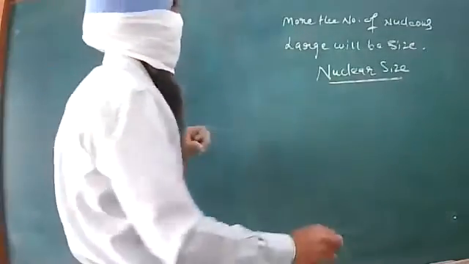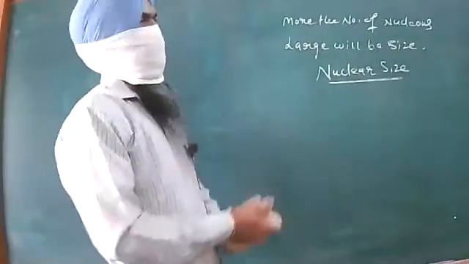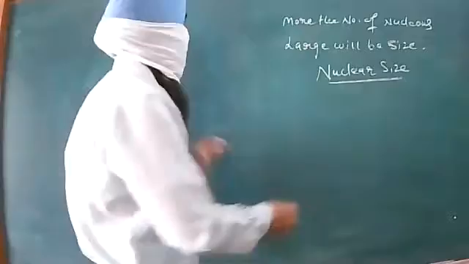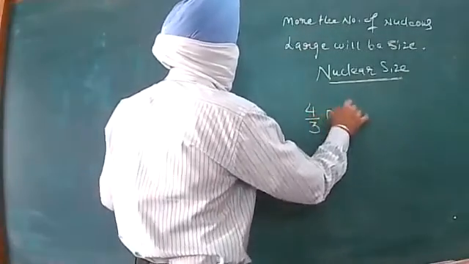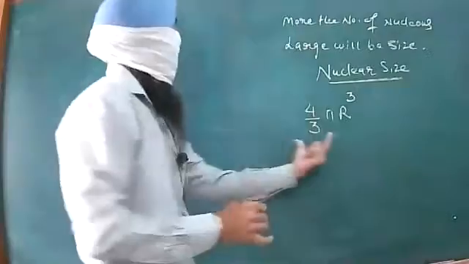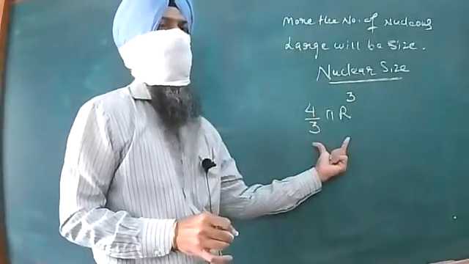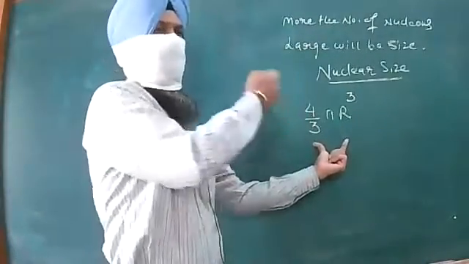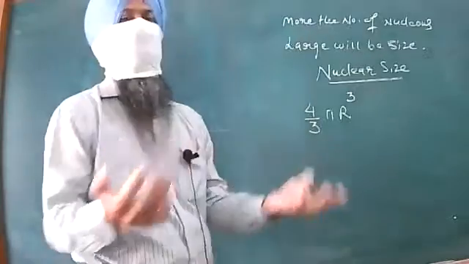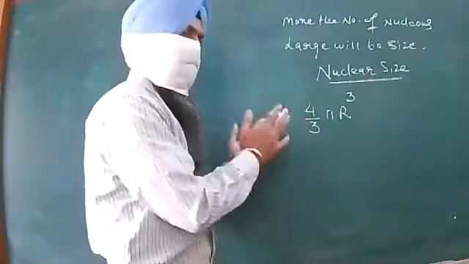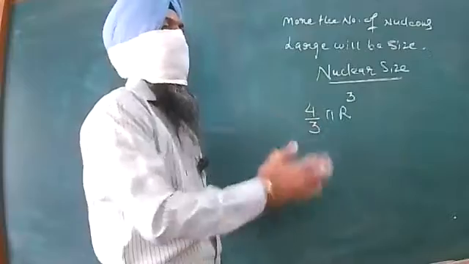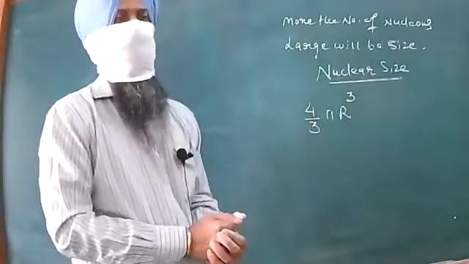In the case of the nucleus, we have 4 by 3 pi r cube. This is the volume of a spherical object. And in the case of the nucleus, even in the case of the atoms, in the basic postulates we say that they have spherical shape.